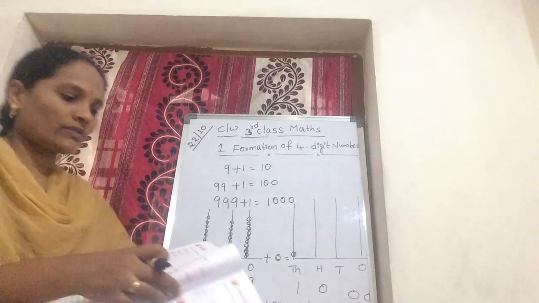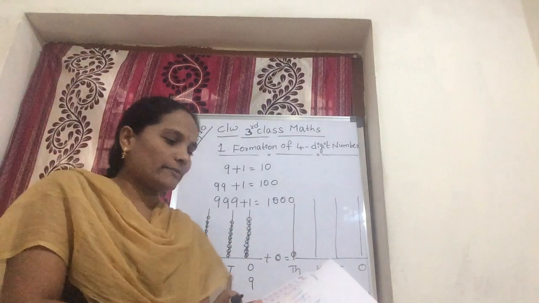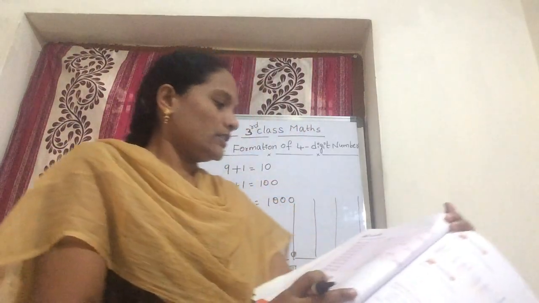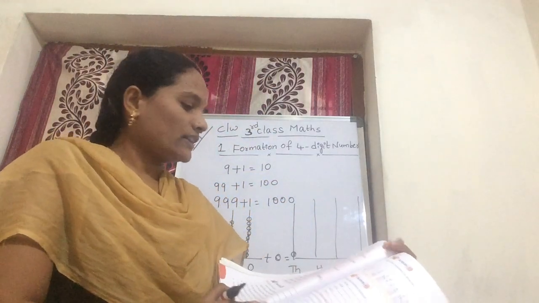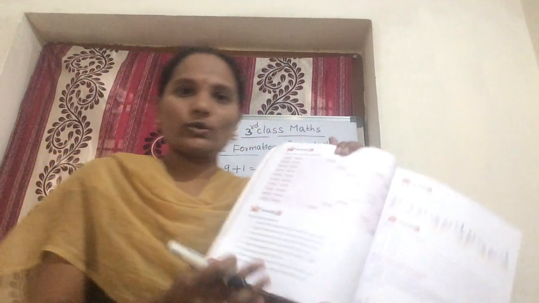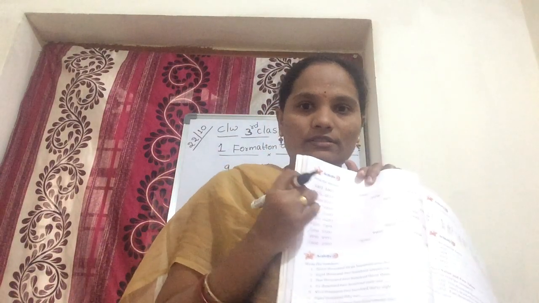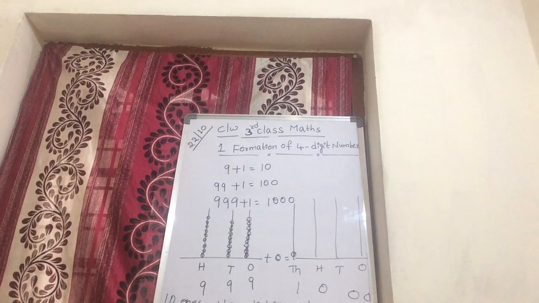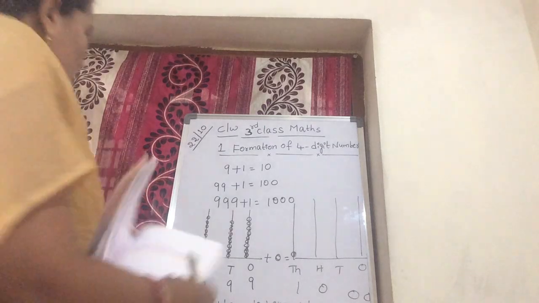Activity 1, Amma. In activity 1, write the missing numbers. Here you need this number. Here you get 1000 to 10,000 numbers.